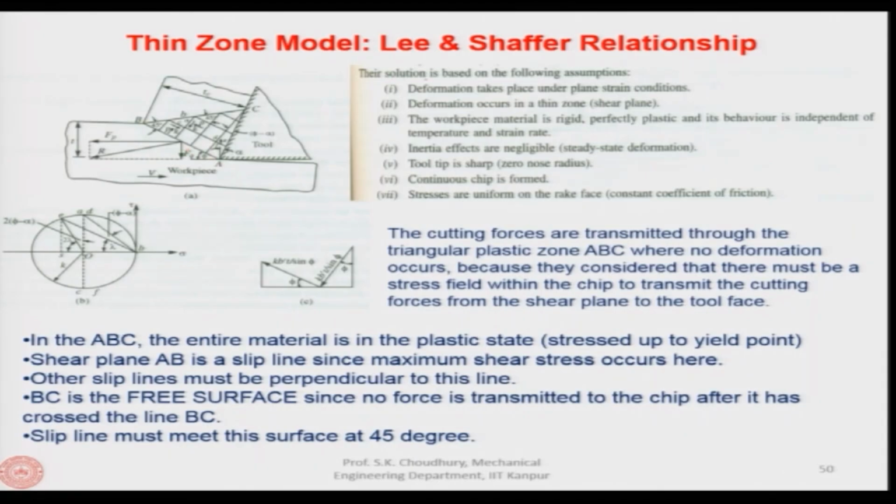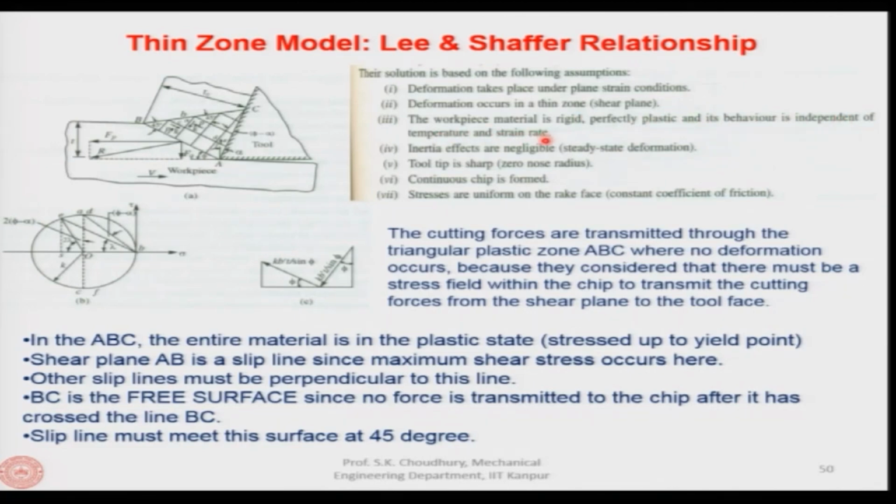So, this solution is based on the following assumptions: the deformation takes place under the plane strain condition. Deformation occurs in a thin zone, as I said. This is the shear plane and not the shear zone. The workpiece material is rigid, perfectly plastic, and its behavior is independent of temperature and strain rate.